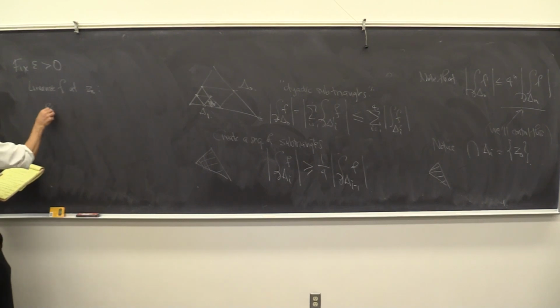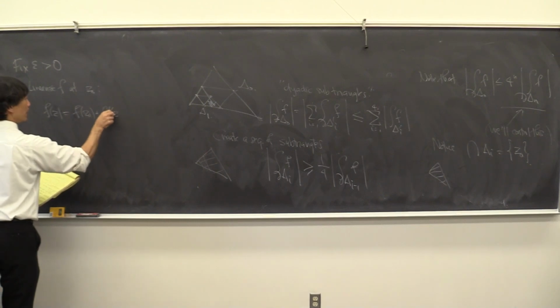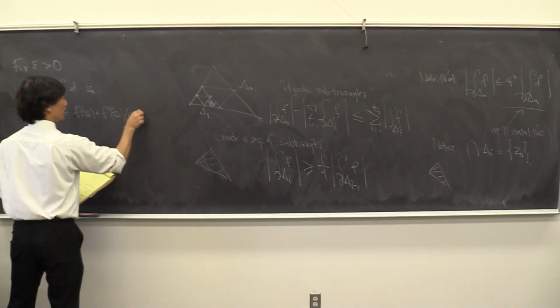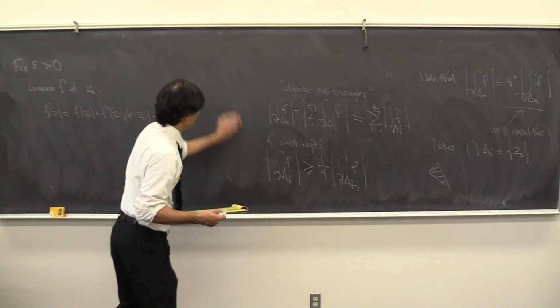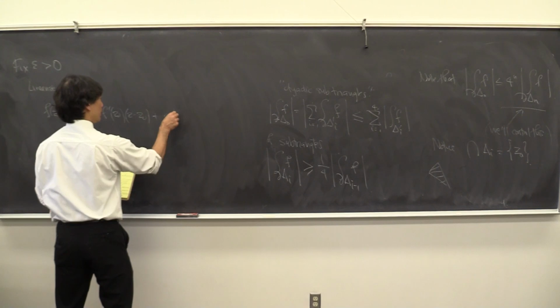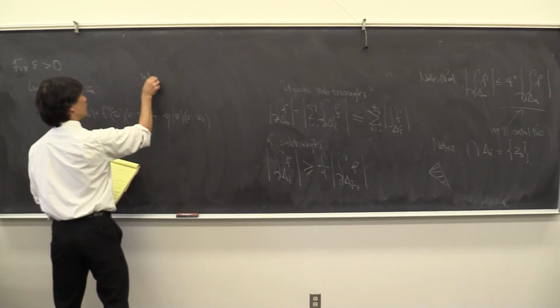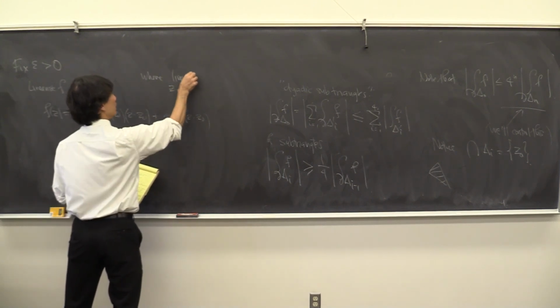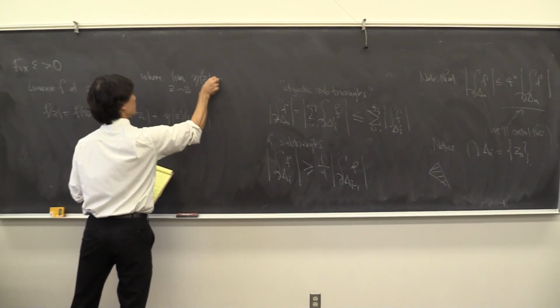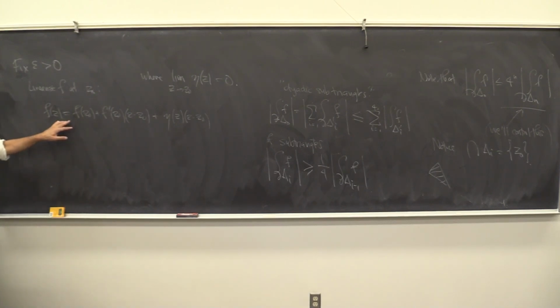We write f of z as f of z0 plus f prime of z0 times z minus z0, plus an error term, eta of z times z minus z0, where the limit as z goes to z0 of eta of z is 0. This is just by the definition of holomorphicity.